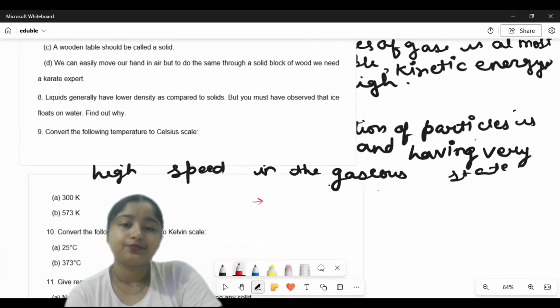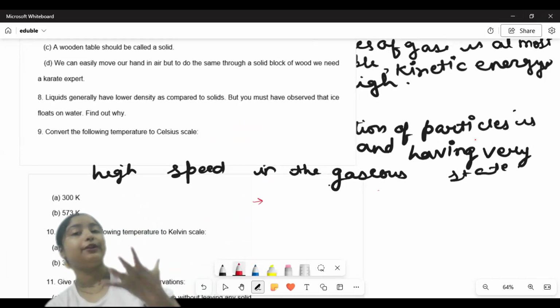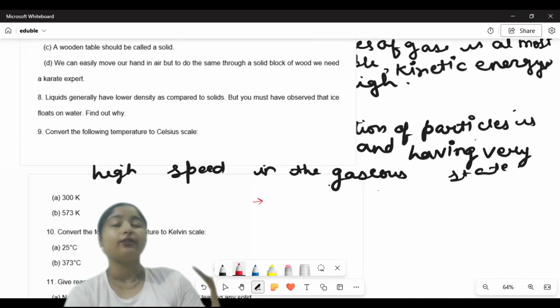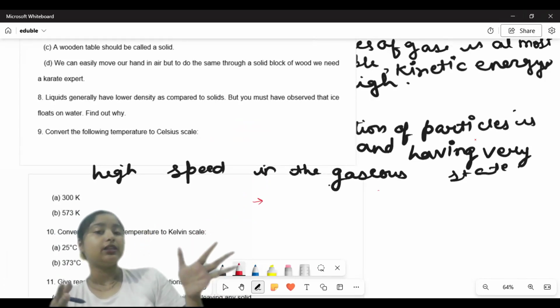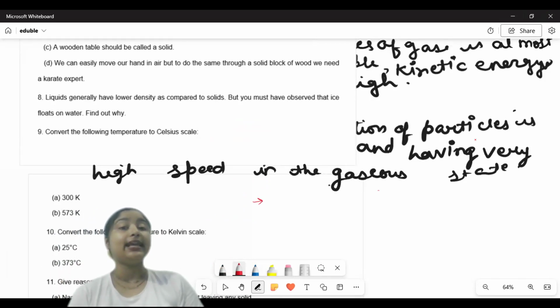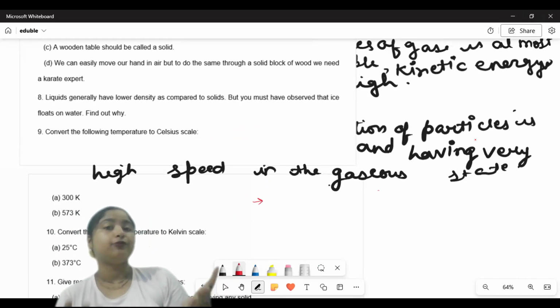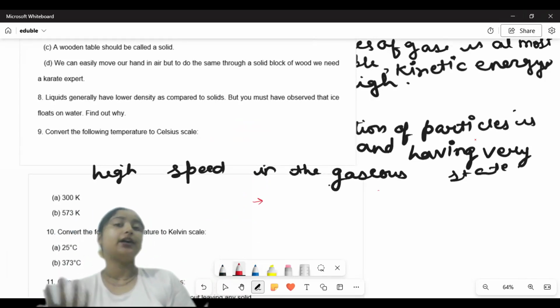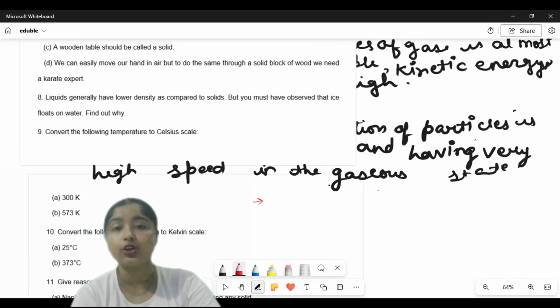We all know that the force of attraction between solid molecules is very high. They have very little intermolecular space, so that maintains the shape of the object. If something has a rigid shape, very little intermolecular space and high force of attraction, that is a characteristic of a solid.